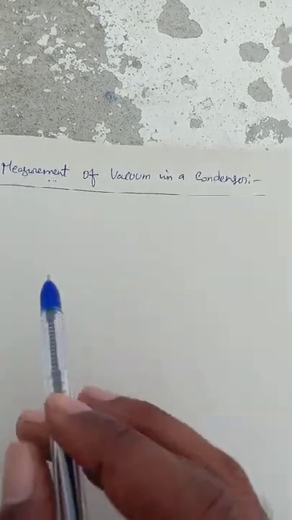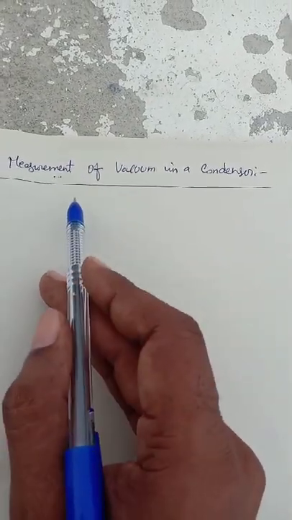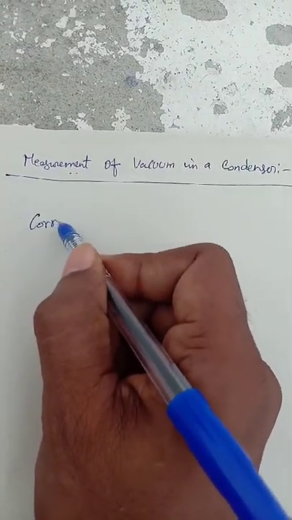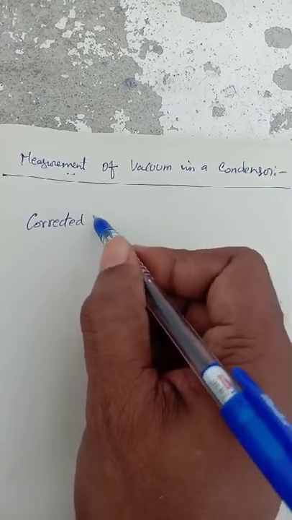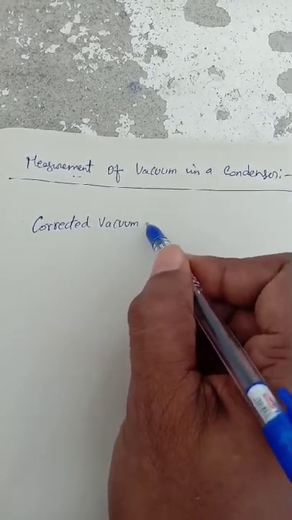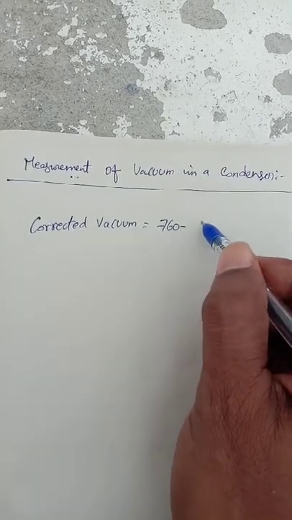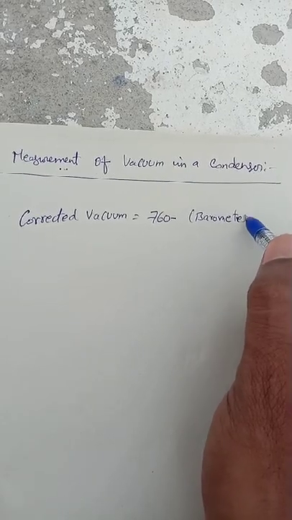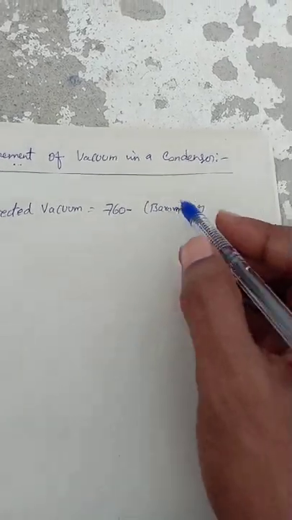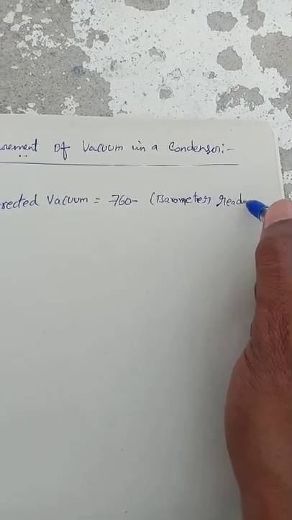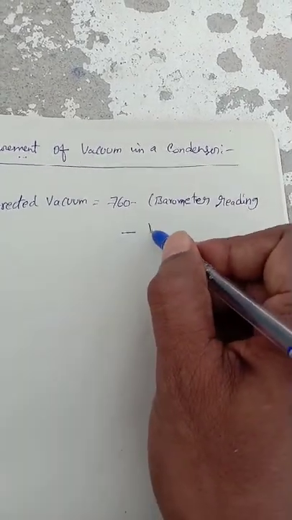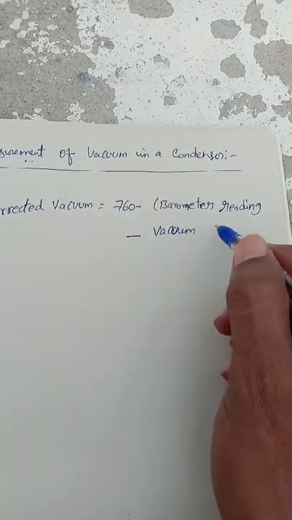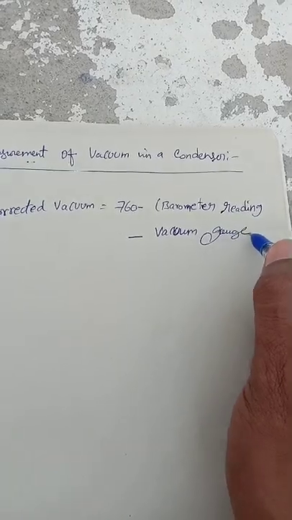Mathematically, the vacuum gauge reading corrected to standard barometer, or in other words corrected vacuum, is equal to 760 minus barometer reading minus vacuum gauge reading.